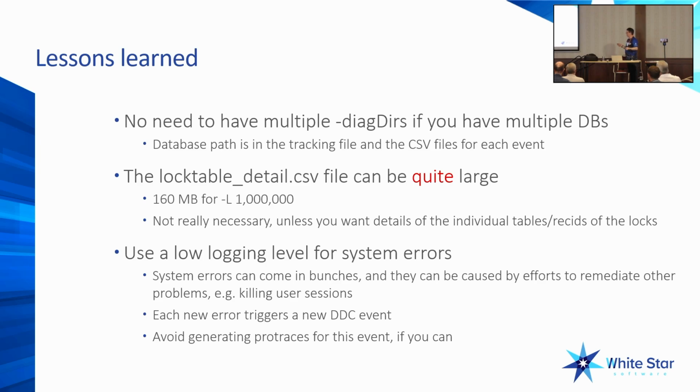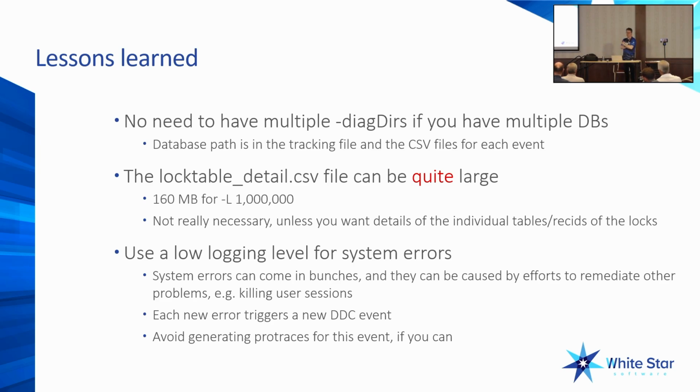In terms of the lock table detail file, you don't necessarily get a lot of value out of that because it's giving you attributes of every single lock table record.